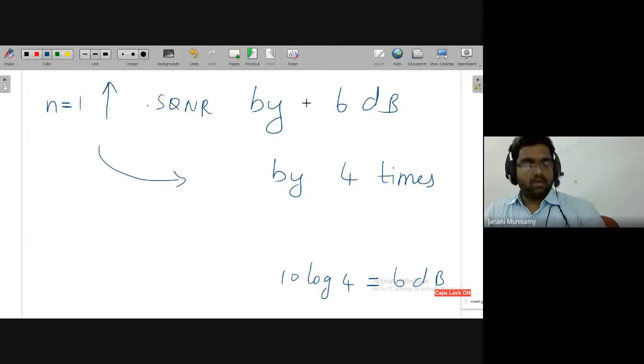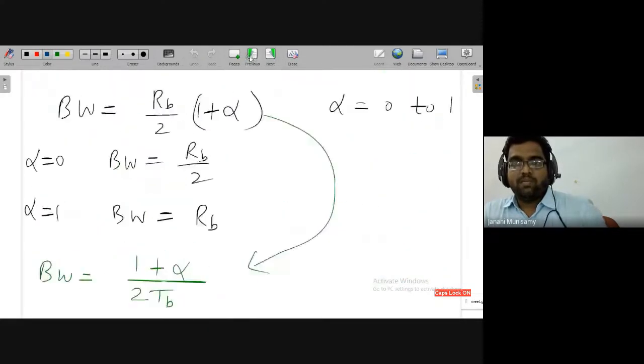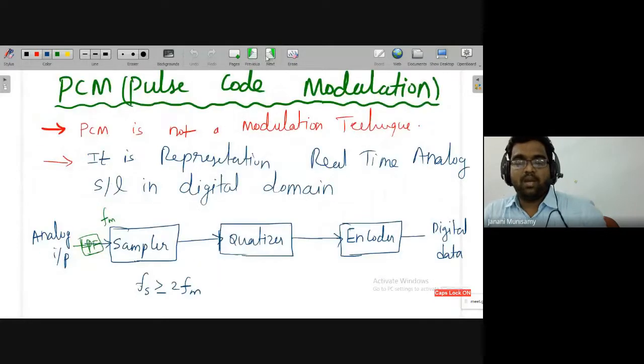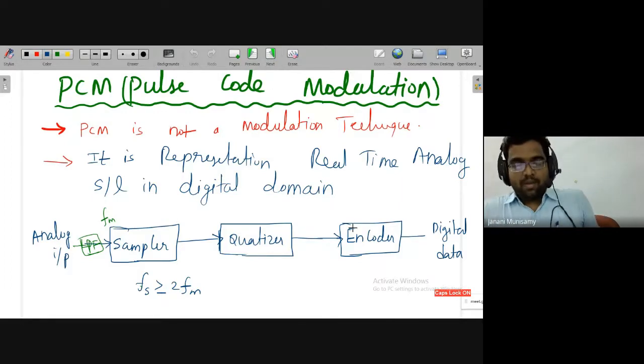So let us stop today. We started by solving problems, then we started with PCM, pulse code modulation. We saw the different blocks: sampler, quantizer, then encoder.